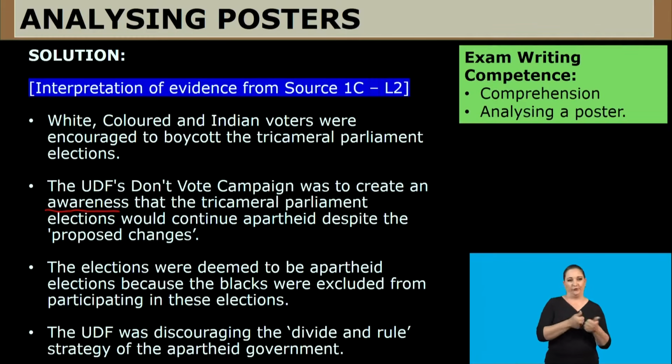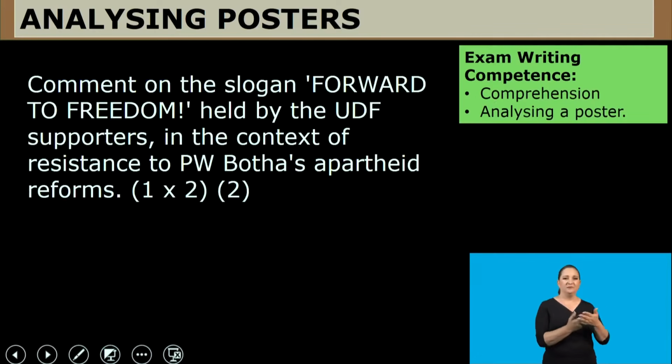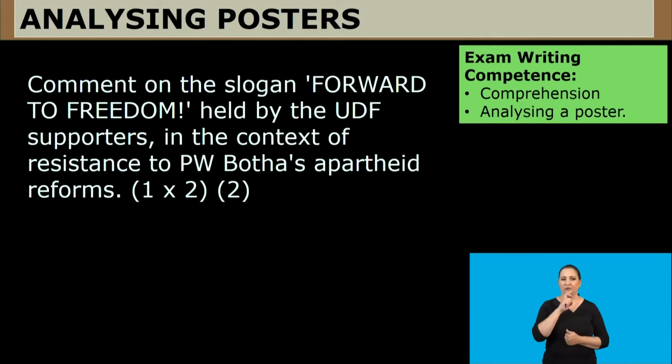The elections were deemed to be apartheid elections because the blacks were excluded from participating in the elections. The UDF was discouraging the divide and rule strategy of the apartheid government. So those are all the possible responses you can look at.